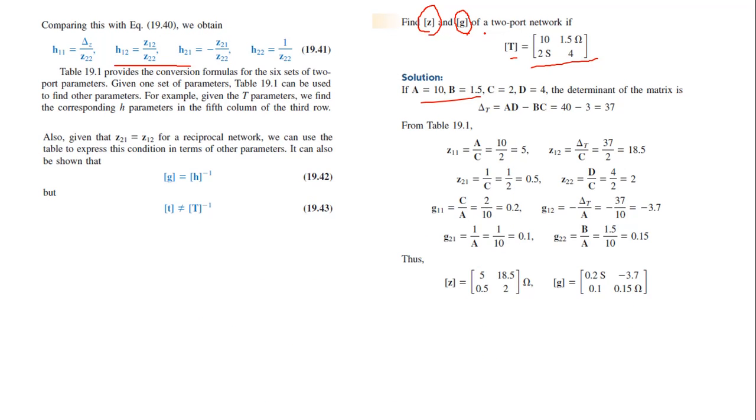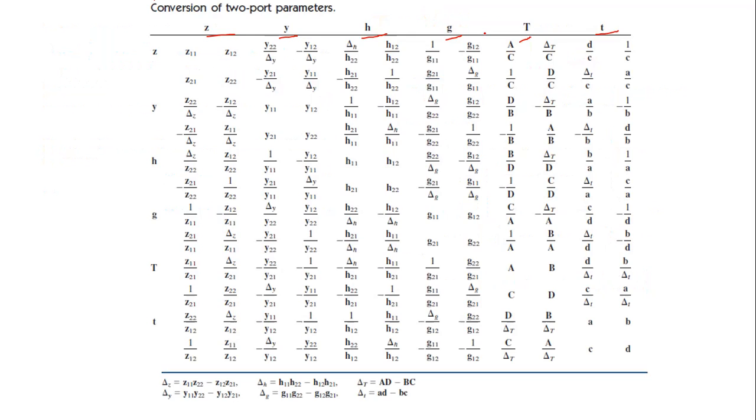So what is given? ABCD. T is given, we have to find Z. This is the conversion.